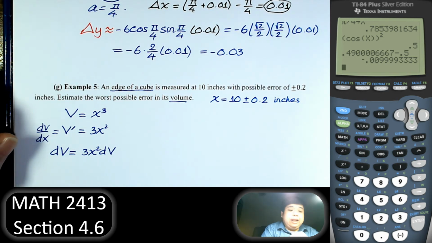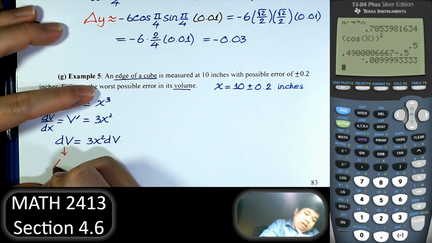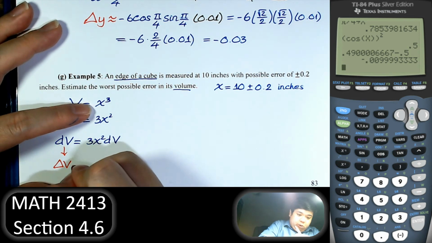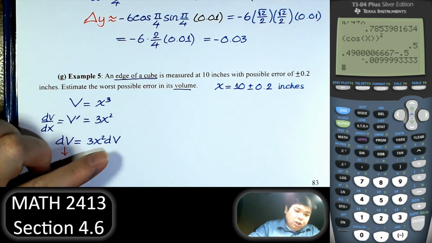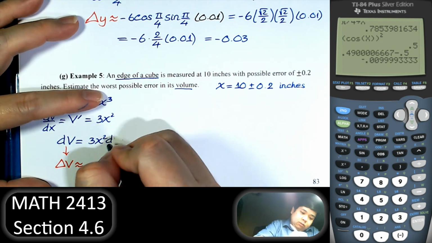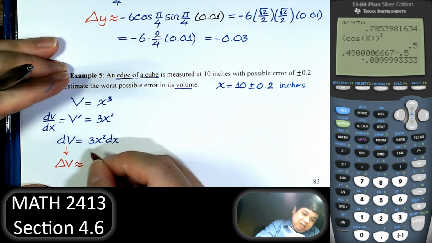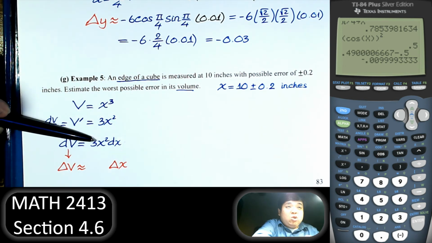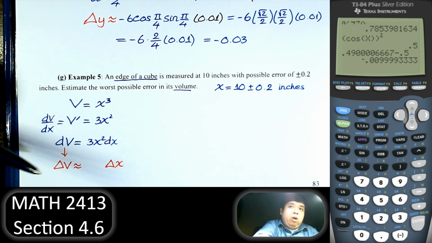Now, just play with notation. If we change dV to the actual change in V, it will be approximately equal to delta V. Dx will become delta x. But when we do that, the 3x squared here becomes the initial value.